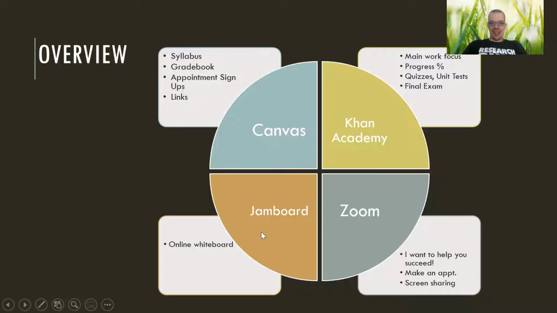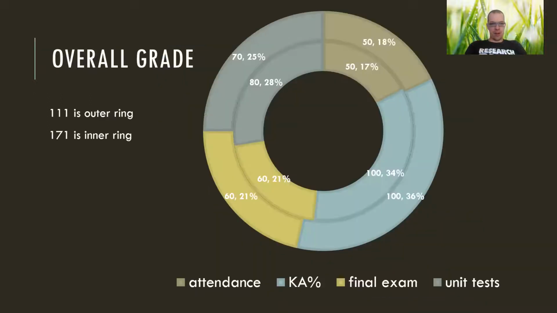There will be a link on Canvas to get you to Jamboard, but really it is an online whiteboard that I'll be able to write on and help you solve problems along the way. So those are the four main things that we'll be using in this course. Hopefully that's fairly straightforward, and we're going to explain those as we go along.